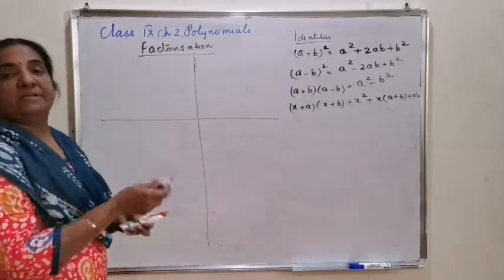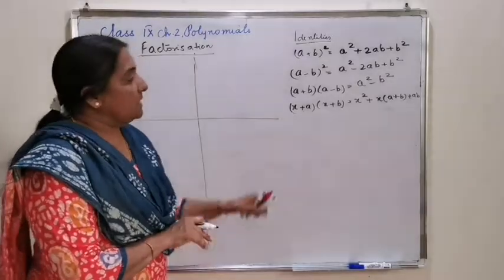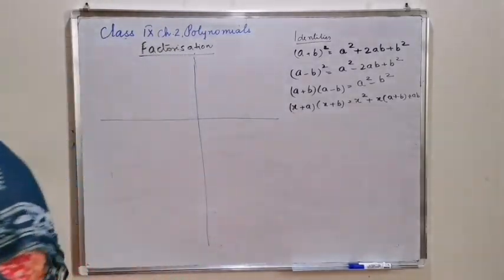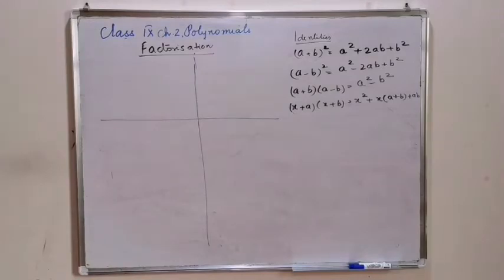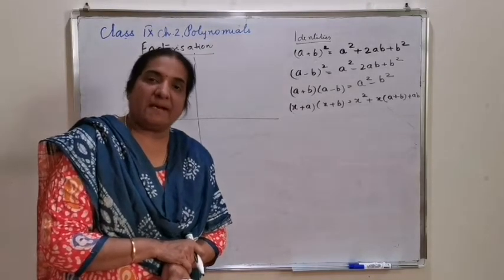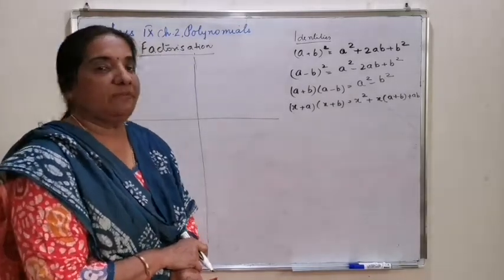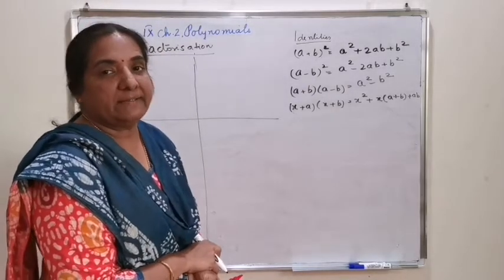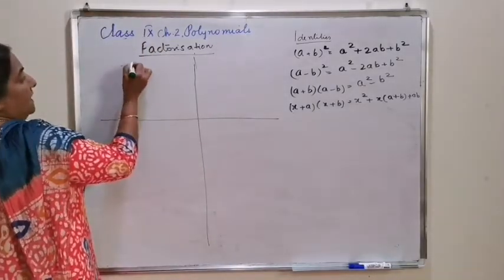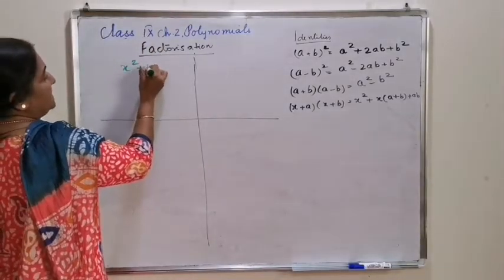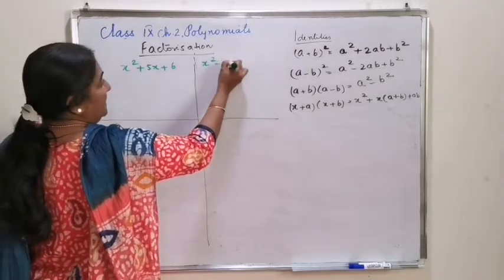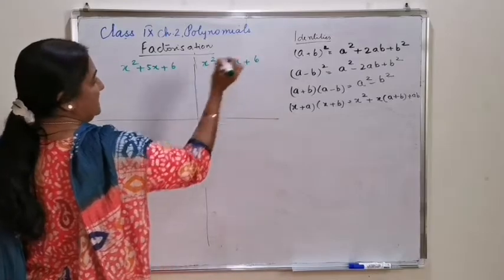the four different types of polynomials, or thus how to get the factors by splitting of middle term when the different patterns as shown are given to you. x square plus 5x plus 6, x square minus 5x plus 6.